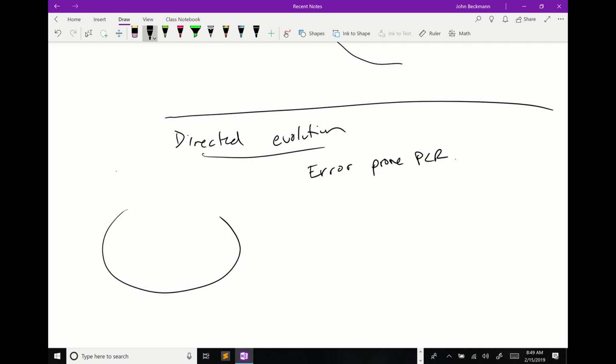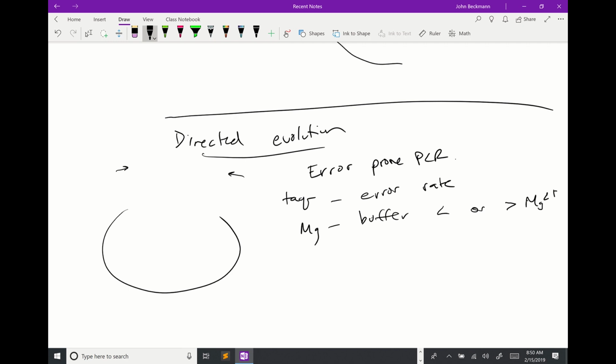So let's say I made 1 million different copies with Taq polymerase, which has a high error rate, and I mess up the magnesium. Let's say I mess up the buffer, and I put way too little or too much magnesium to mess up the Taq even more. So I increase the error rate to 1 in 100.